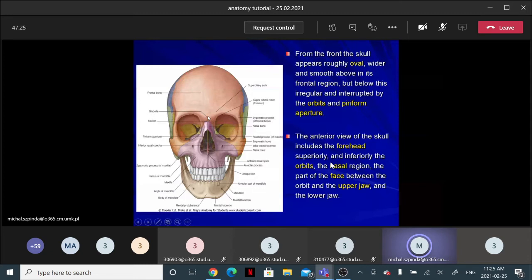Such a flatness is called glabella. Glabella is a small flat area between two superciliary arches.